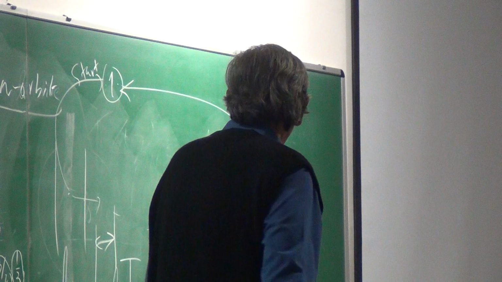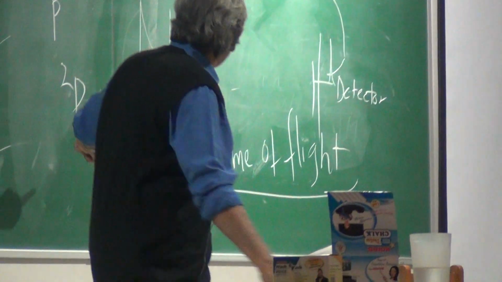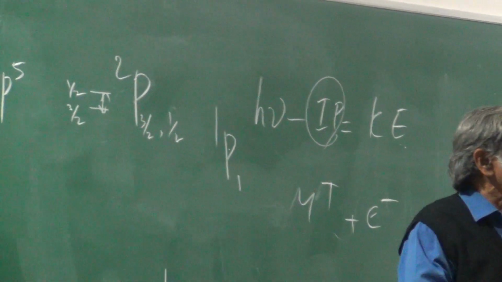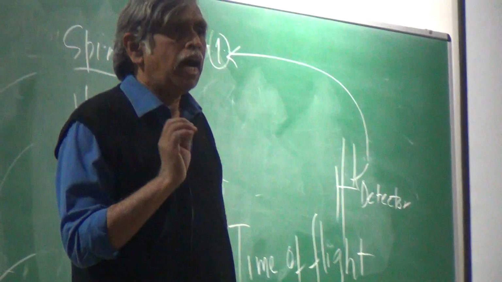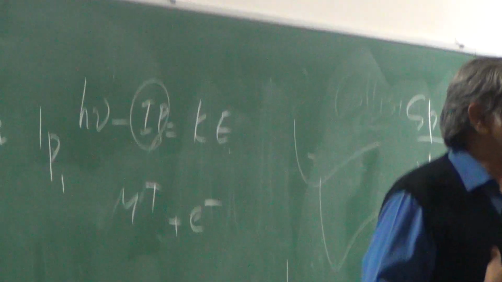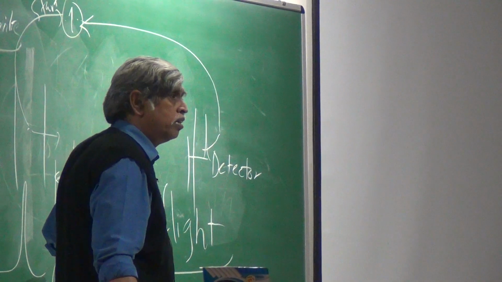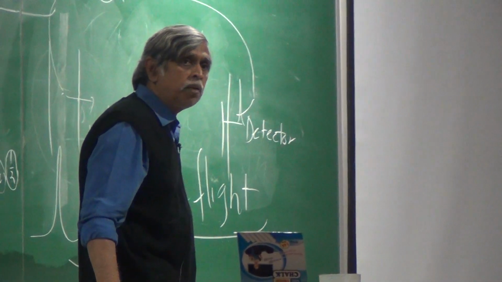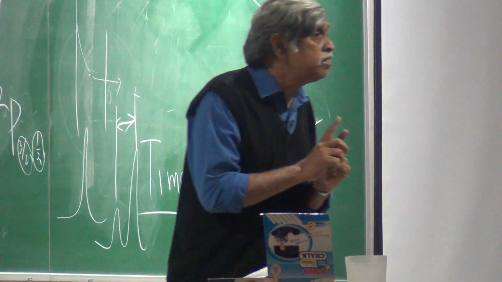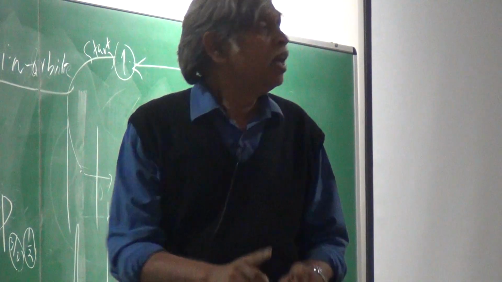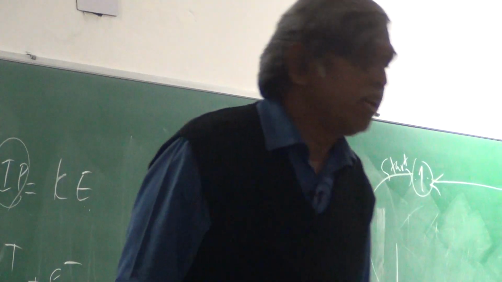And therefore, these are called spin orbit states. And that difference in energy here is called spin orbit splitting. And how do I get information about spin orbit splitting? All I do is a photoelectron experiment, and the difference between those two peaks is actually a measure of my spin orbit splitting.